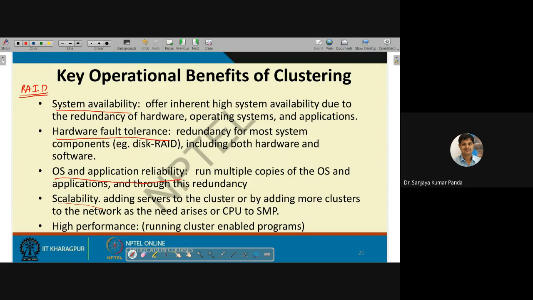So adding servers to the cluster, or adding more clusters to the network, as the need arises, or CPU to SMP. Whenever there is a requirement, you can increase it. Whenever you don't have such a requirement, you can reduce it. Scalability means you can scale up or you can scale down, not necessarily scale up.